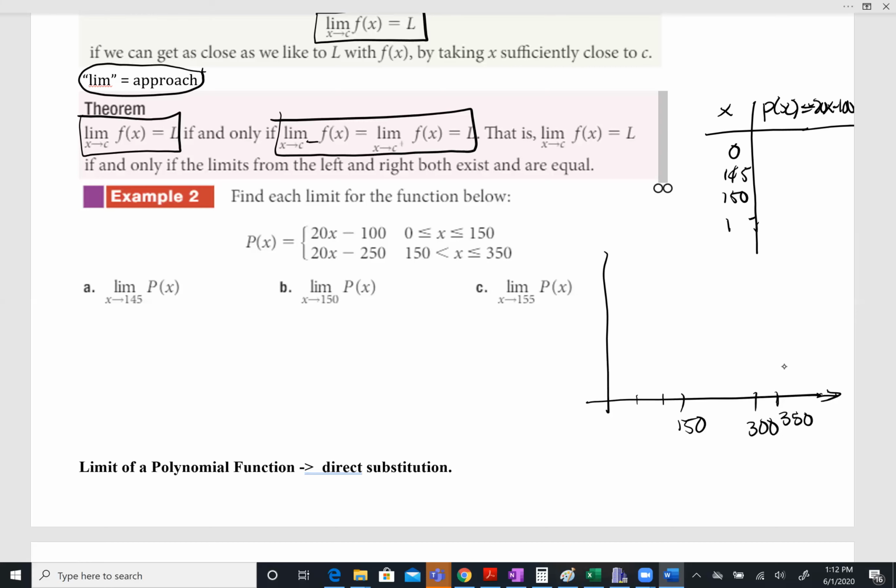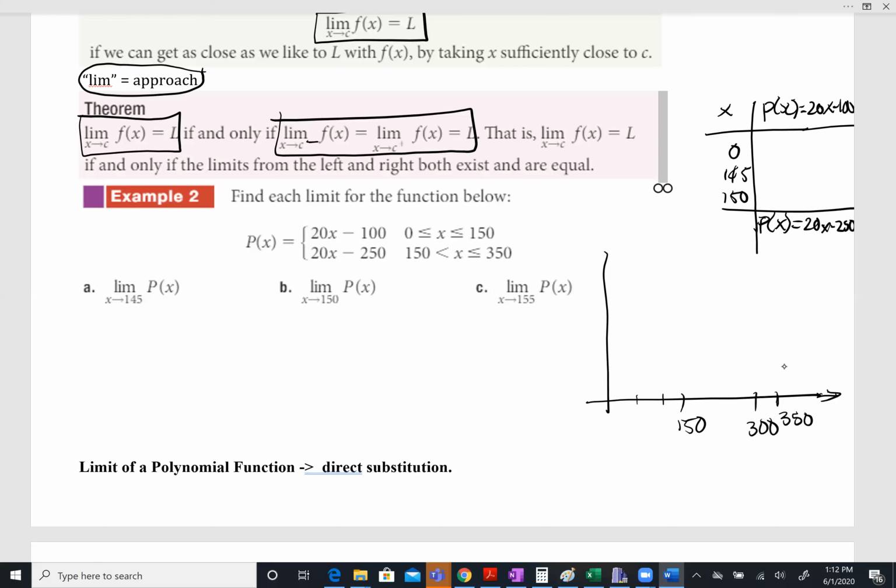Maybe I have to change a little bit, because after 150 I'm going to have a new p(x), which is p(x) equal to 20x minus 250.